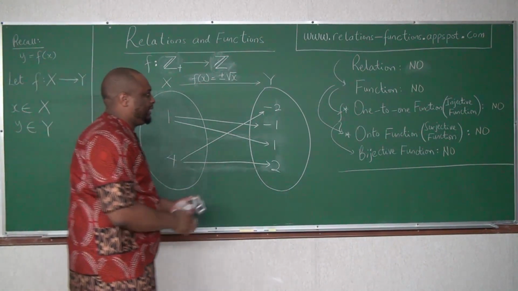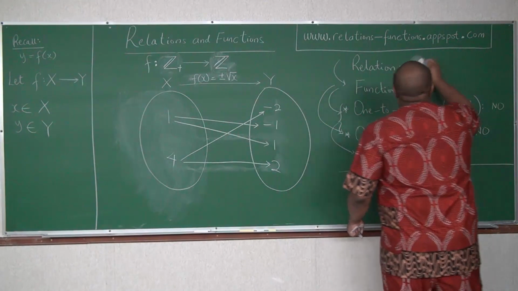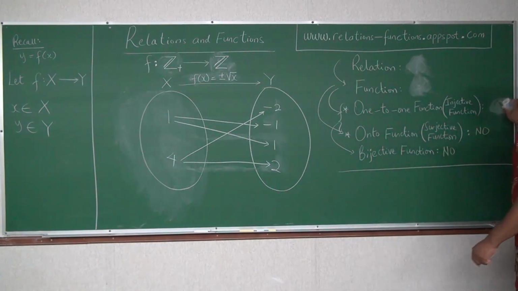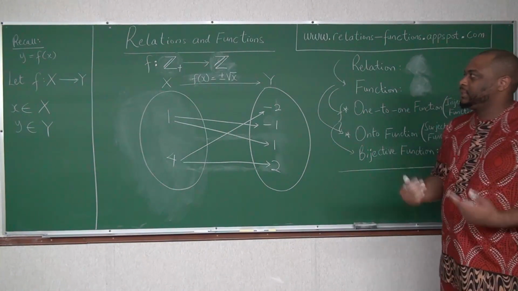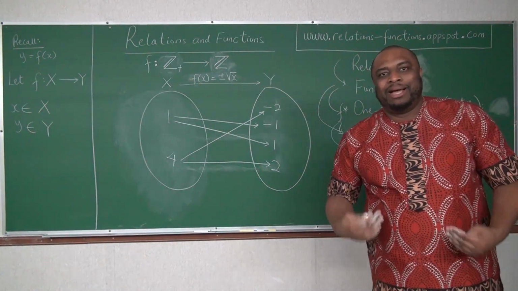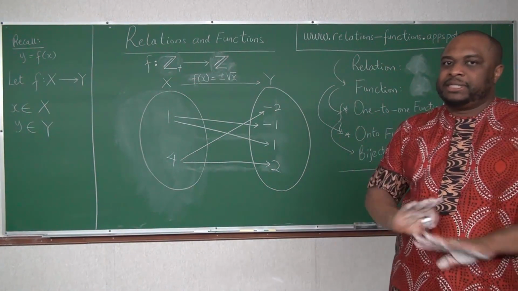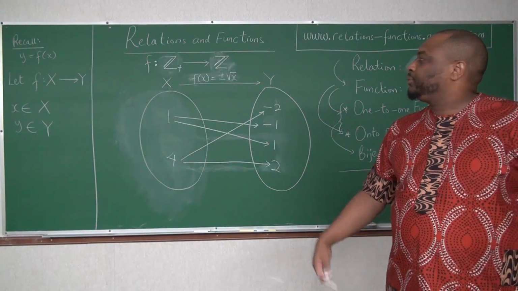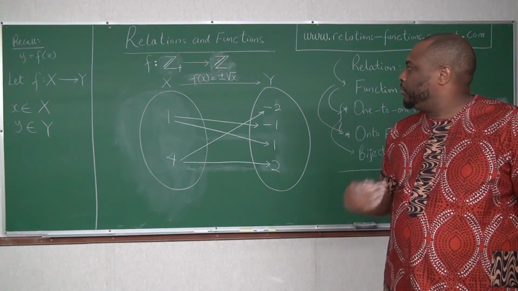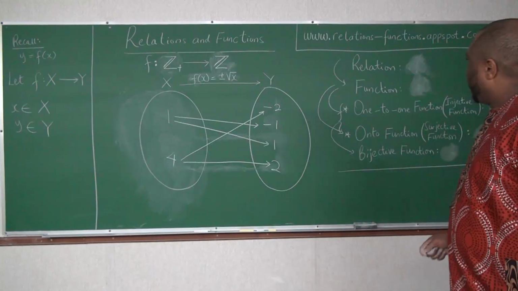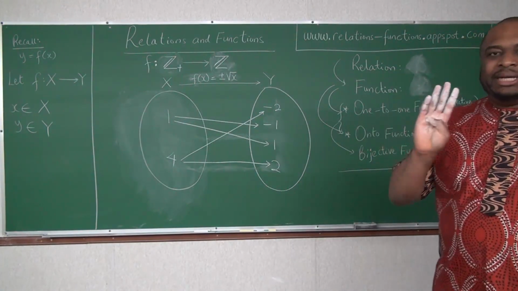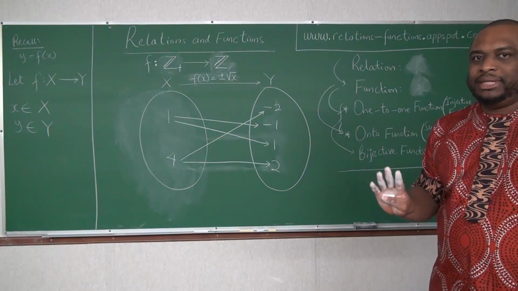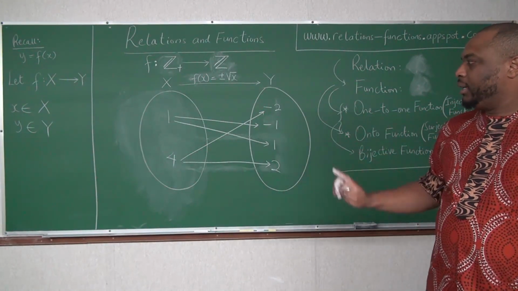So folks, let's look at this. I'm trying to give you several examples so that you can really grasp this concept. This concept is not difficult, trust me. Is this a relation? Now the domain is 1 and 4.